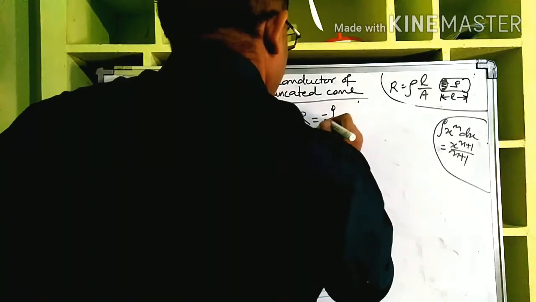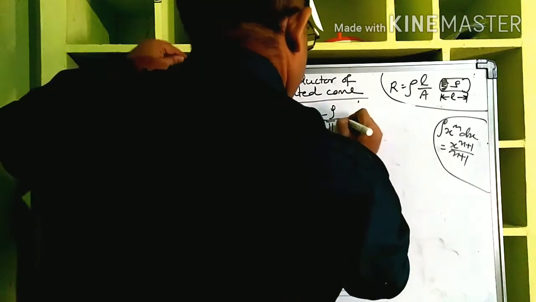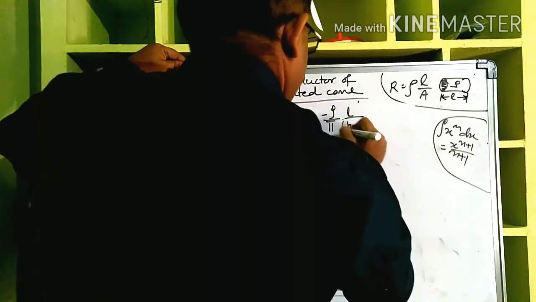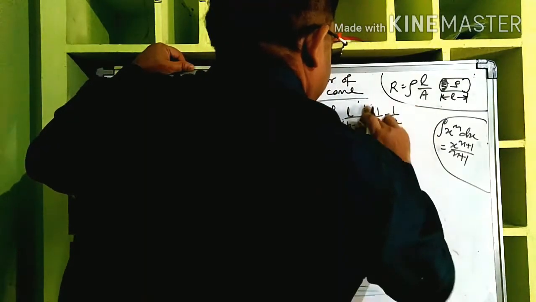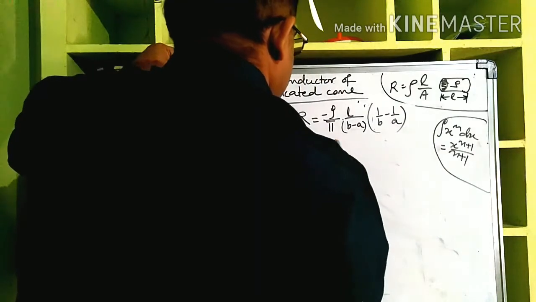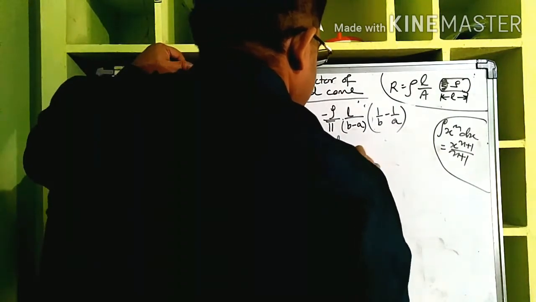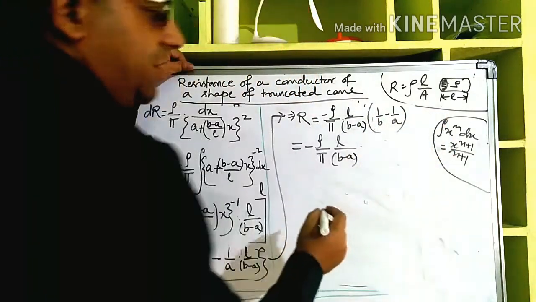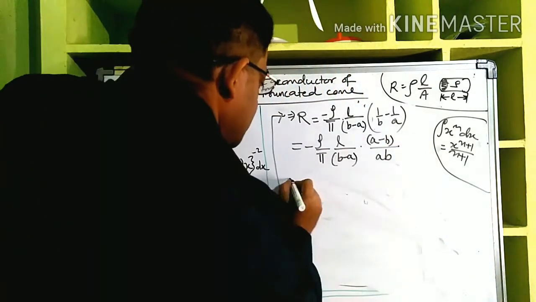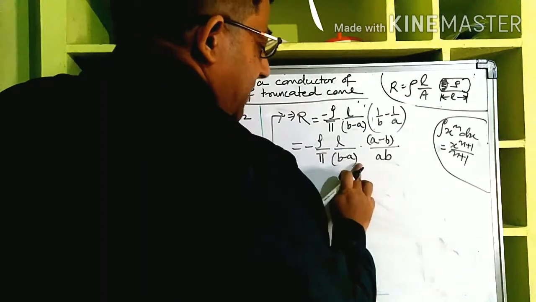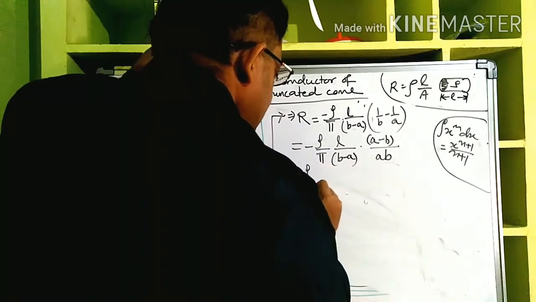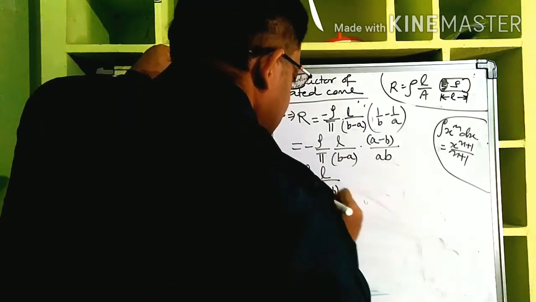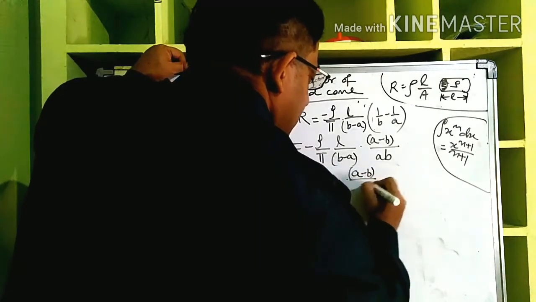So minus rho by pi, L by B minus A, and inside 1 by B minus 1 by A. Now if you take AB common, it is A minus B. B minus A is minus (A minus B), so if I take minus 1 common, minus times minus becomes plus: rho by pi, L by (A minus B), multiplied by (A minus B) by AB.